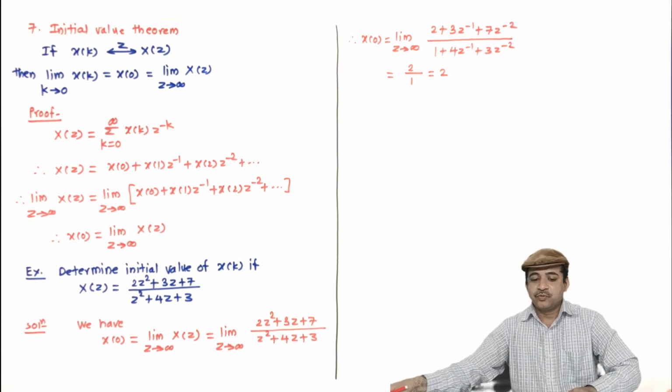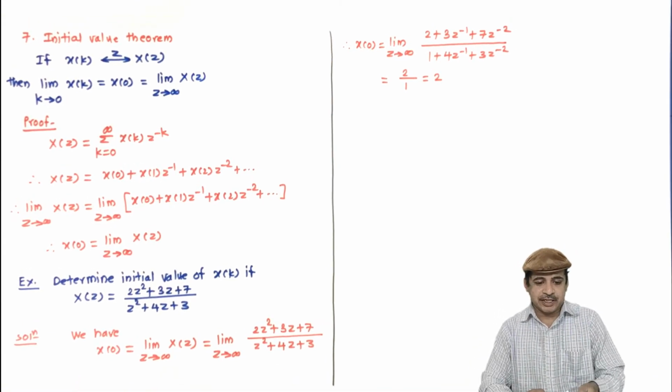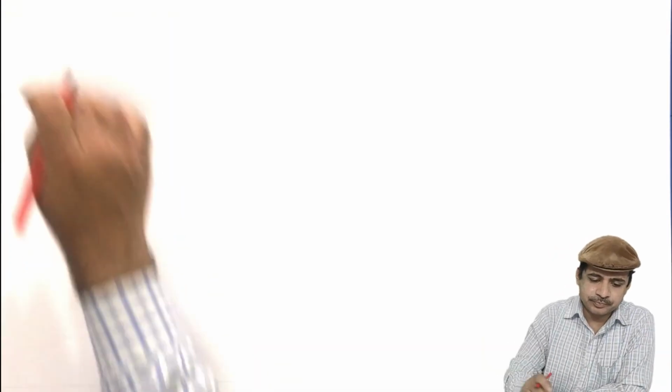Now let us proceed to the last property of z transform of our interest, and that is the final value theorem.